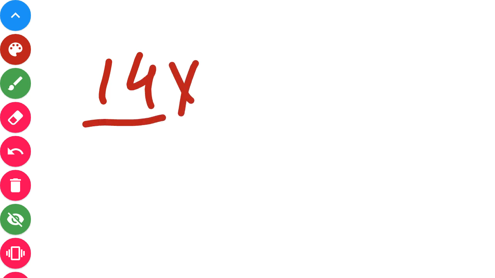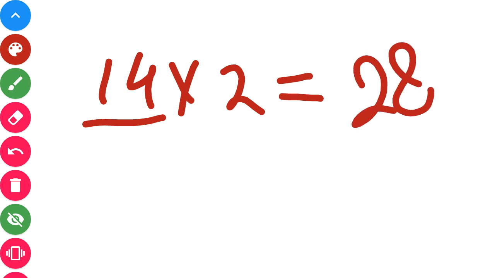The first term is the multiplicand, the second term is the multiplier, and the answer that we get is our product.